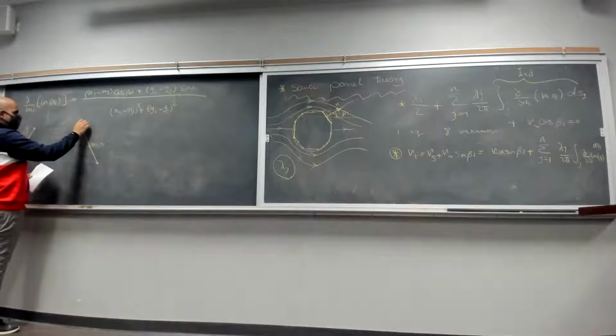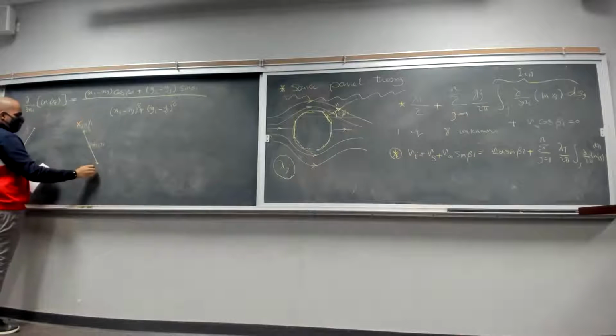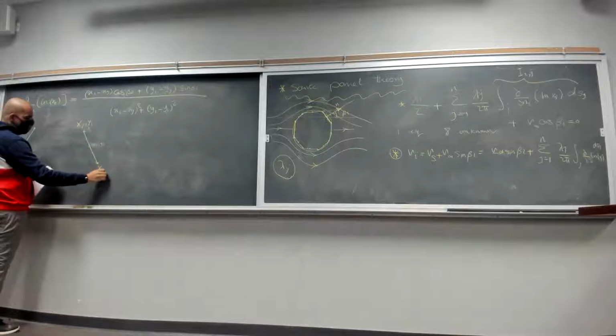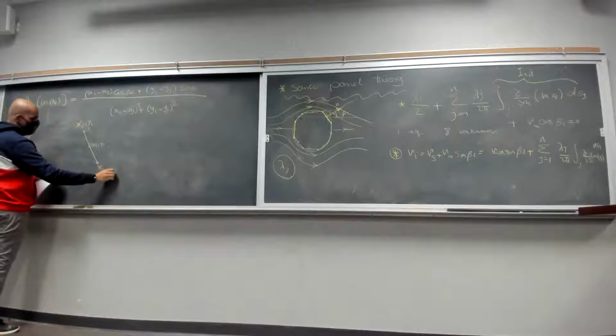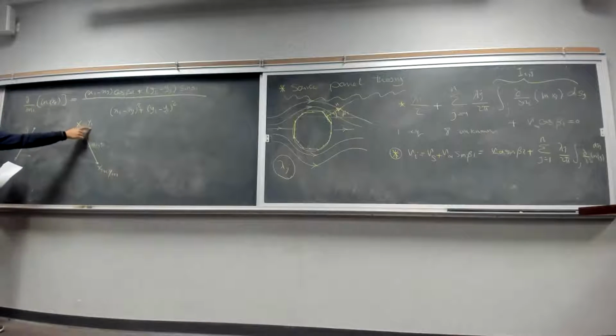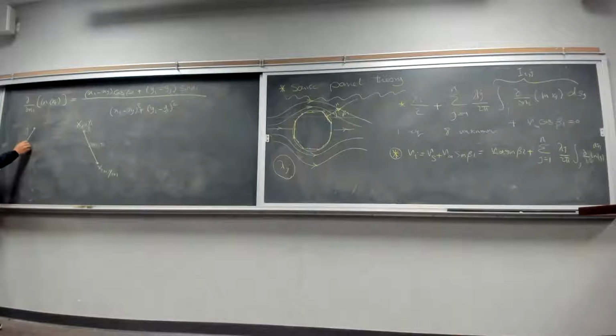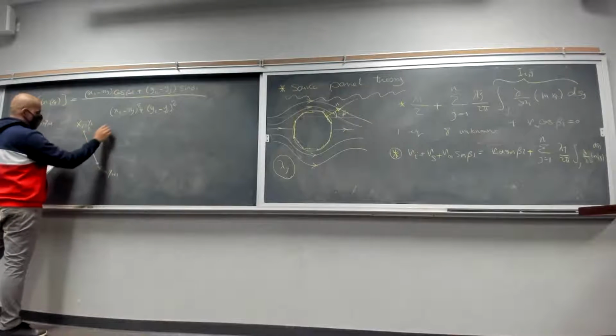Then this point is xi, yi, xi plus 1, yi plus 1. These are capital X's. This one is xj, yj, xj plus 1, yj plus 1. The flow direction is this.